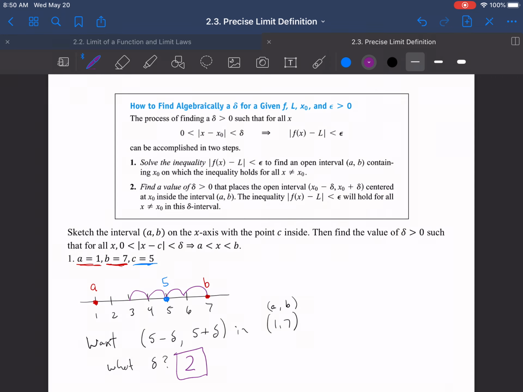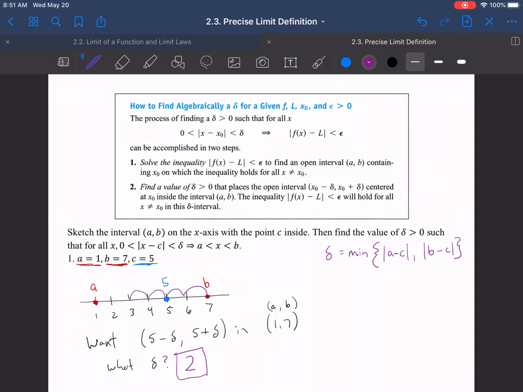So that answer is going to be 2. And the way we can think about this is we can basically say that delta is the minimum value of A minus C or B minus C. Okay? Whichever one, we start at C, right?